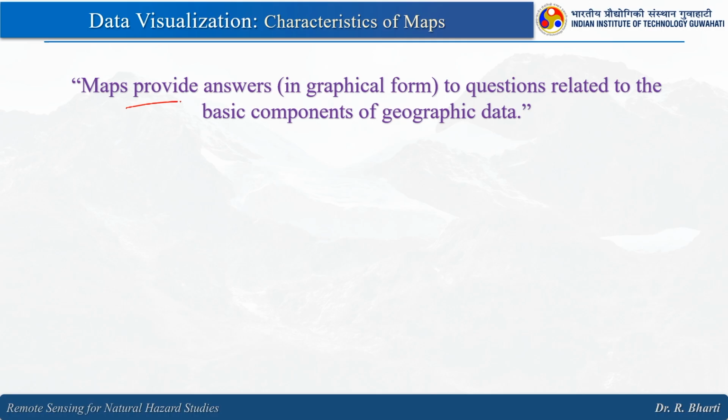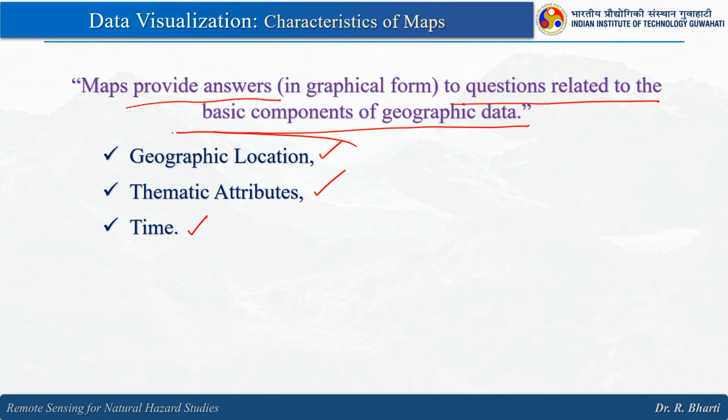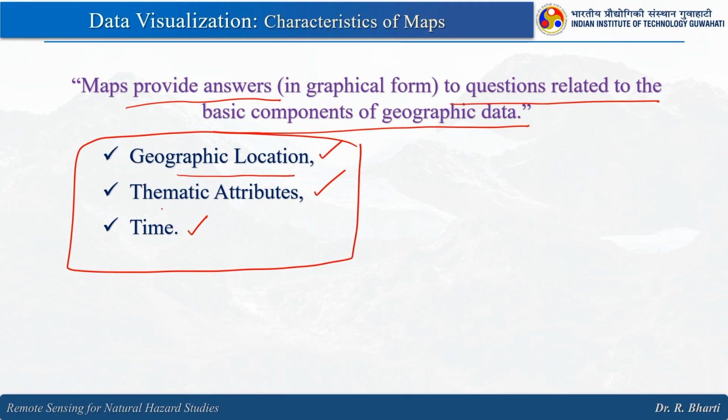So, maps provide answers to questions related to the basic components of geographic data. The first one is geographic location, then you have the thematic attribute, and the third one is time. These characteristics of the map are very important because the location is very important, and without the attribute your maps will be meaningless, nobody will be able to understand.